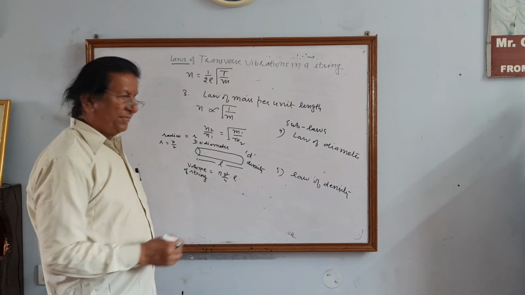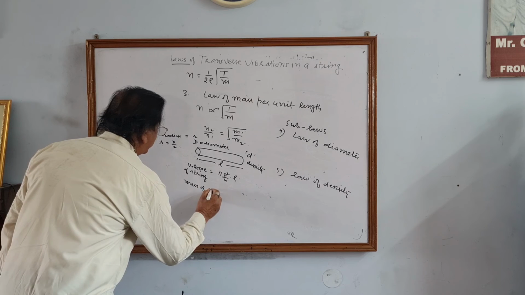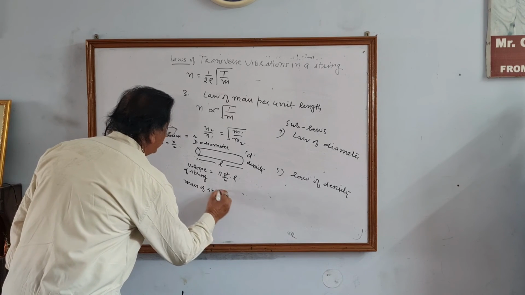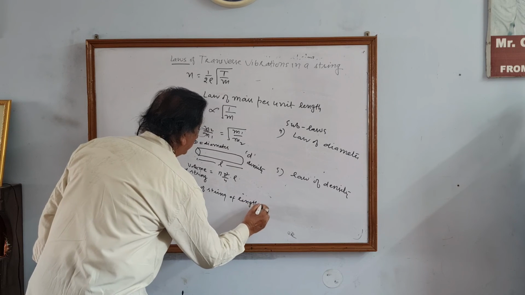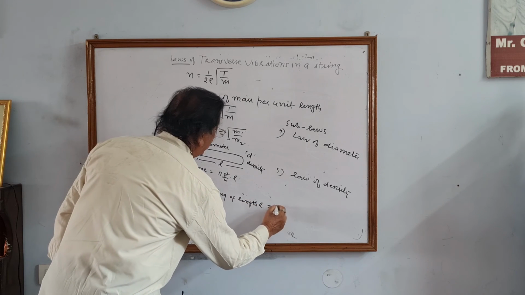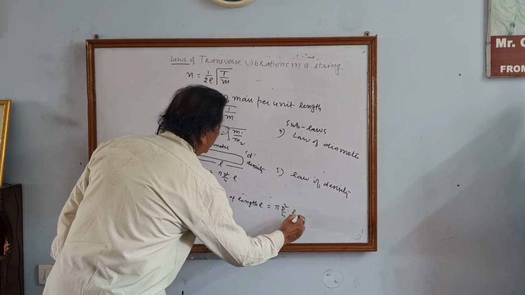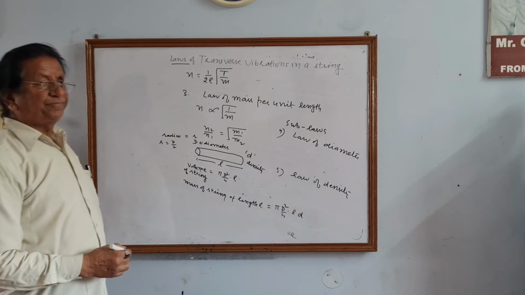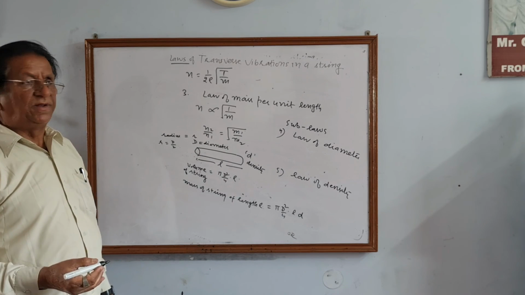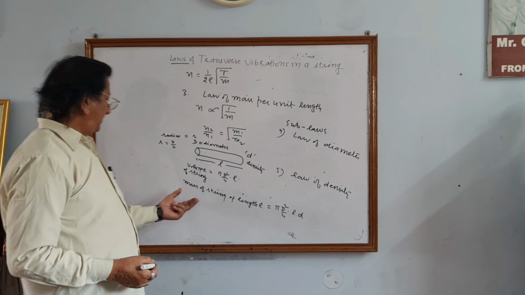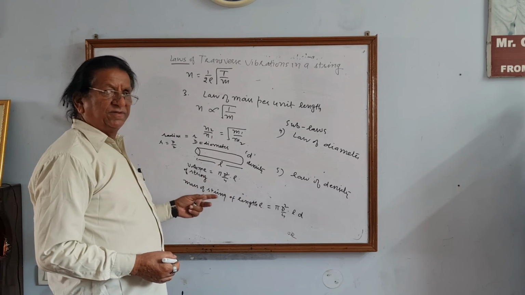It is the volume. And what is the mass? Mass of string of length L. Mass is volume into density. This is mass upon volume. So mass of the string of length L is volume of the string into density.